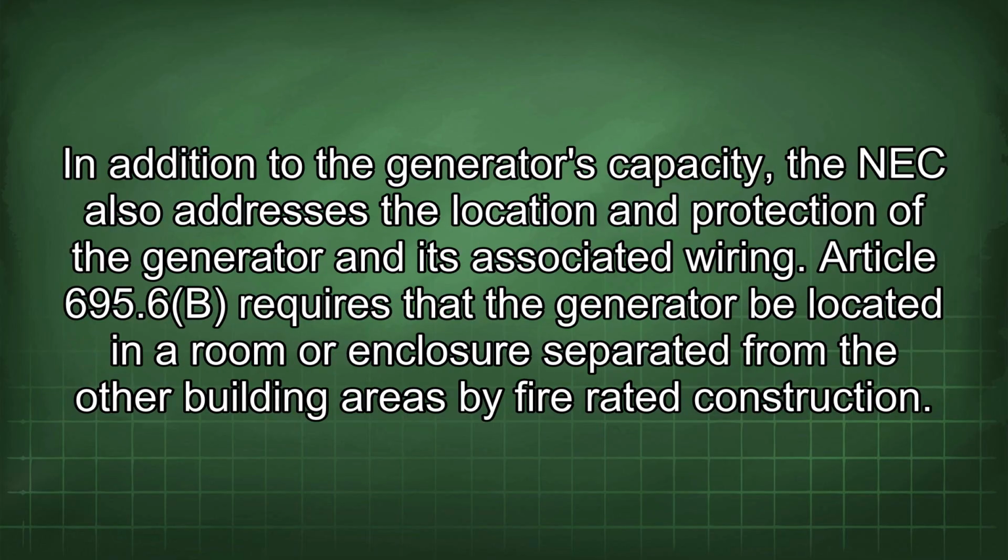In addition to the generator's capacity, the NEC also addresses the location and protection of the generator and its associated wiring. Article 695.6b requires that the generator be located in a room or enclosure separated from the other building areas by fire-rated construction.